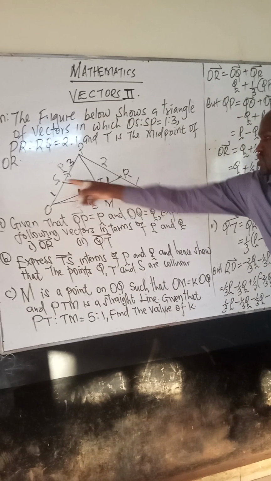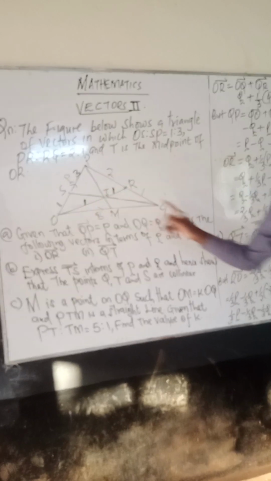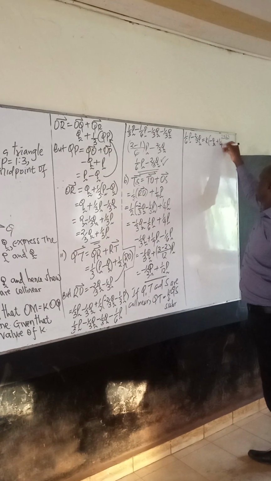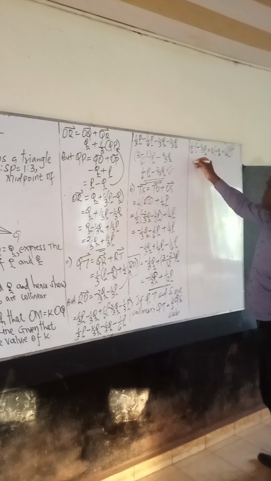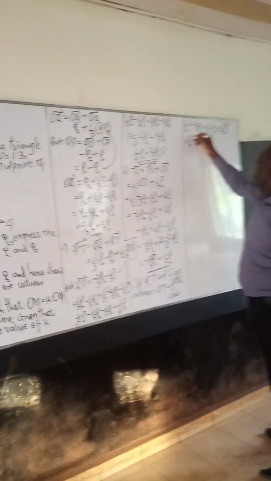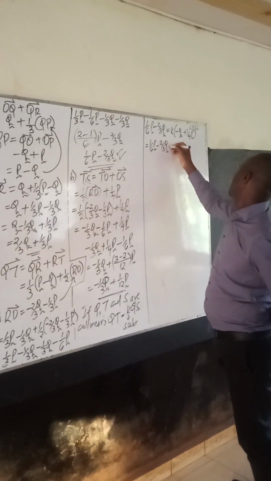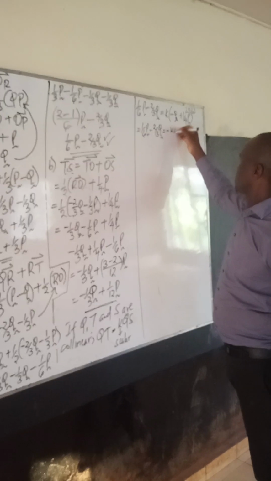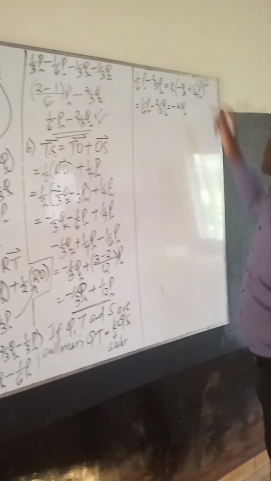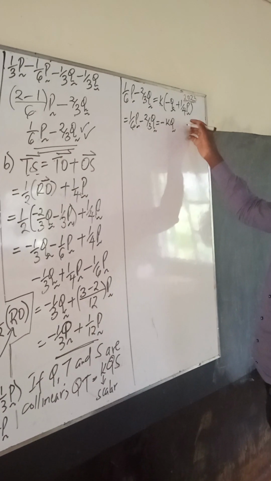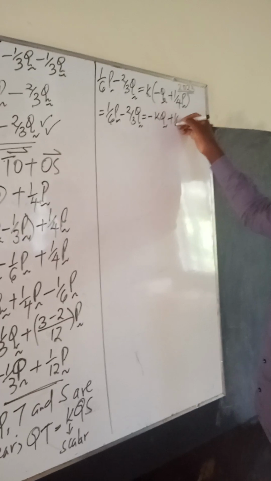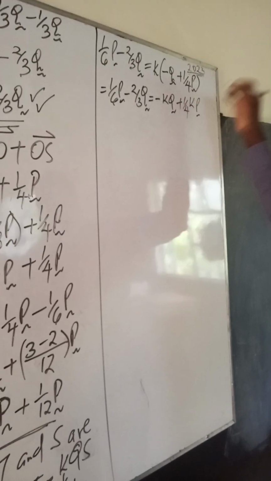QS is QO plus OS. QO is negative Q. OS is 1/4 of P. So 1/6 of P minus 2/3 of Q is equal to K times negative Q plus 1/4 of P. If you open this bracket, we get negative KQ, then plus 1/4 of KP.